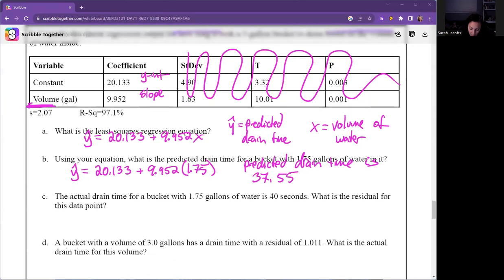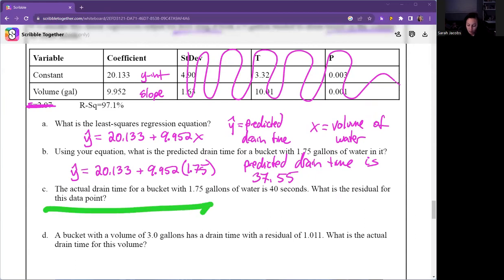All right. C, the actual drain time for a bucket with 1.75 gallons of water is 40 seconds. What is the residual for this data point? So again, the residual is the distance or difference between your actual value and the predicted value. So actual minus predicted equals the residual.